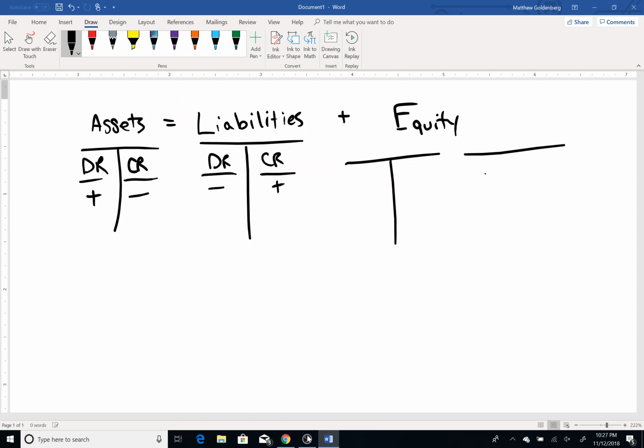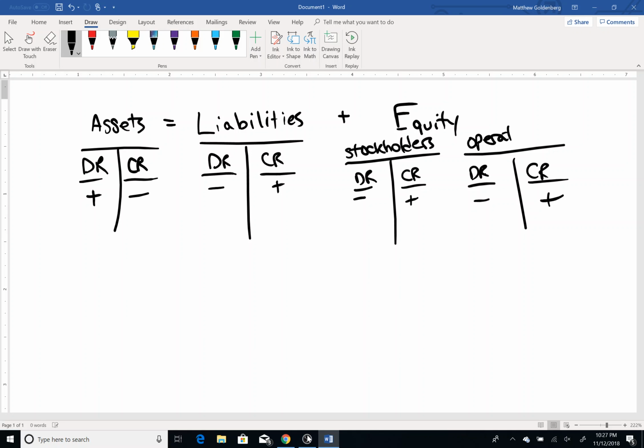You have debit on left, which is minus, credit on right, which is plus, debit on left, which is minus, credit on right, which is plus. Under equity, you're going to have stockholders, and you're going to have operations. And I'm going to call it operations revenue.